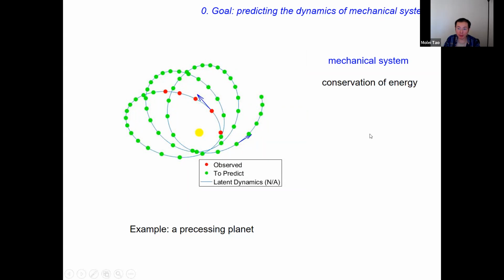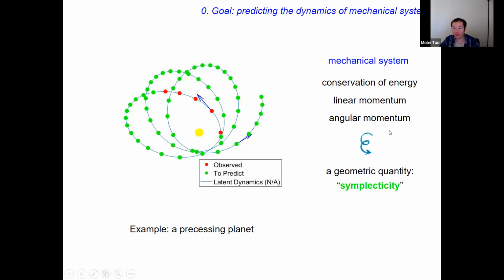Typical structures that people tend to think about include, for example, conservation of energy and conservation of momentum map, or if you prefer a planar language, linear momentum, angular momentum, etc. But if one digs further, there is actually an underlying geometric quantity known as symplecticity that is preserved by the dynamics.